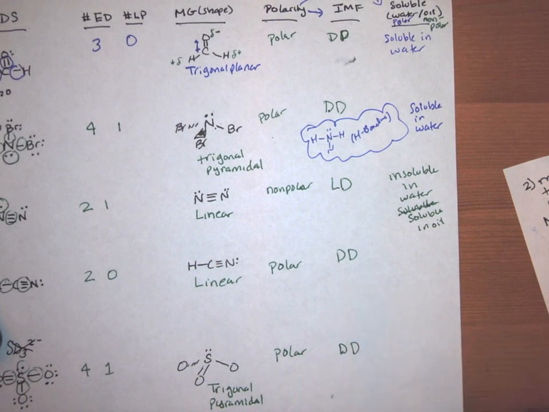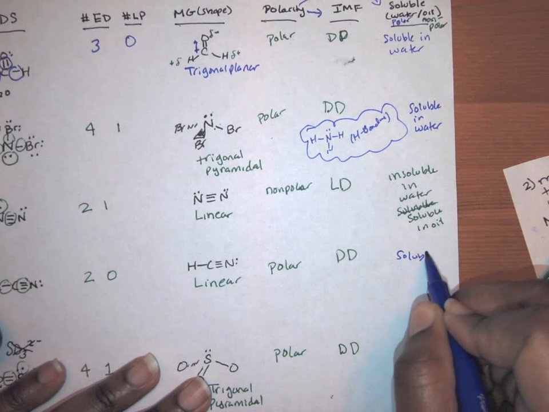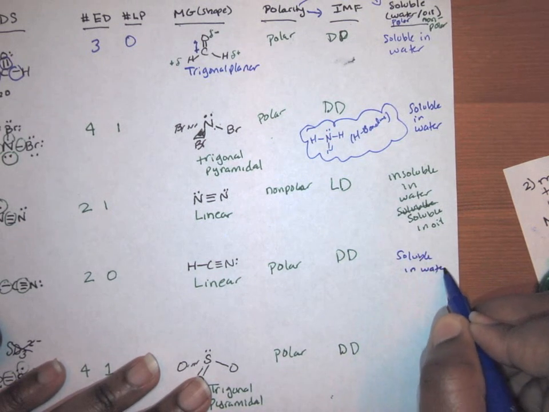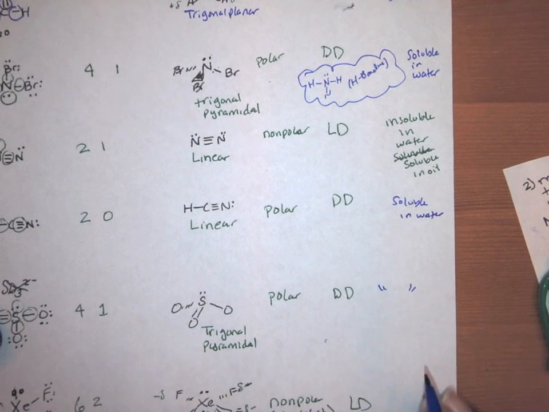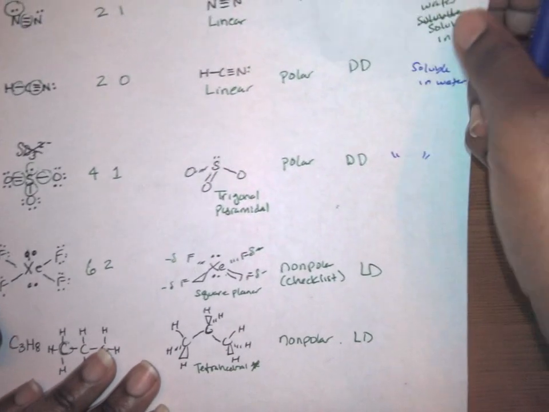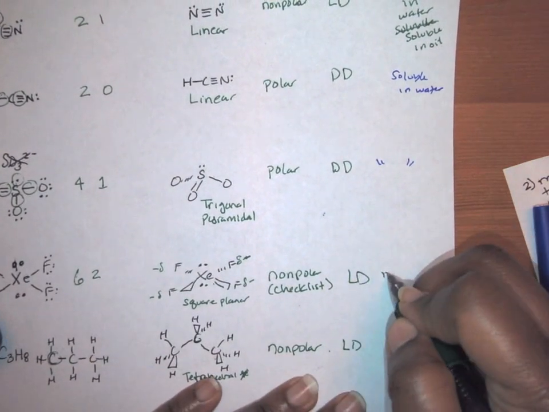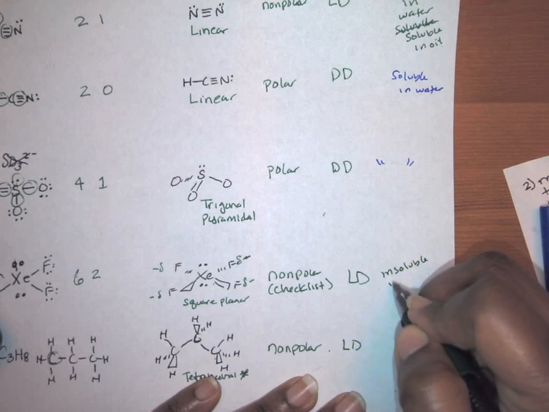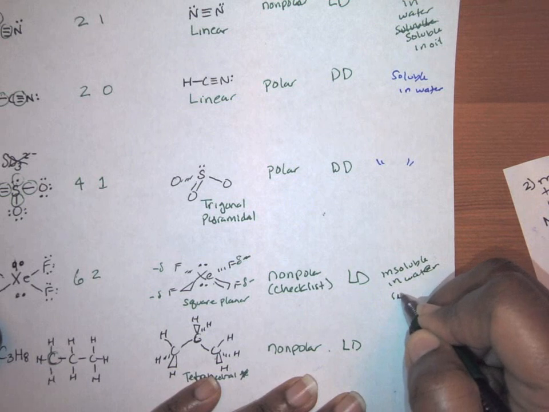This one's polar, so you can guess it will be soluble in water. Same thing with this one. It's polar, so soluble in water. And then the last two examples are nonpolar, so they would be insoluble in water, they do not dissolve in water, but soluble in oil.